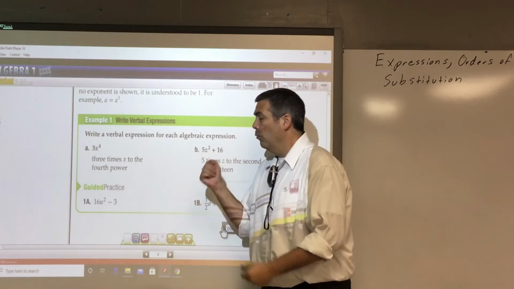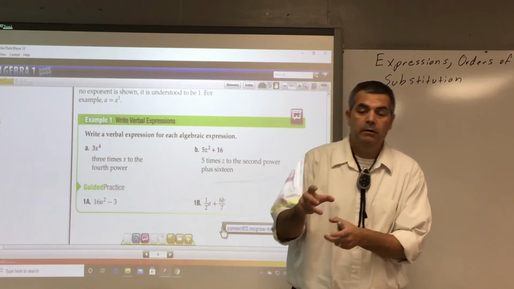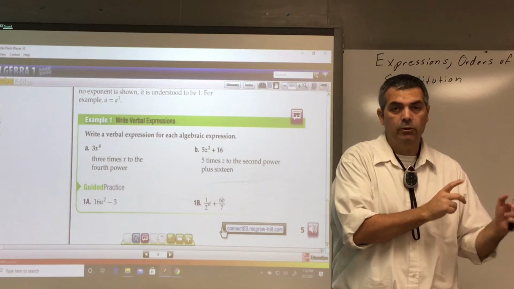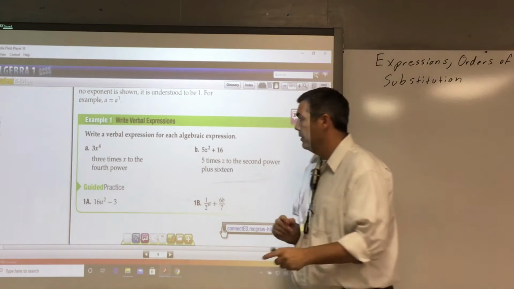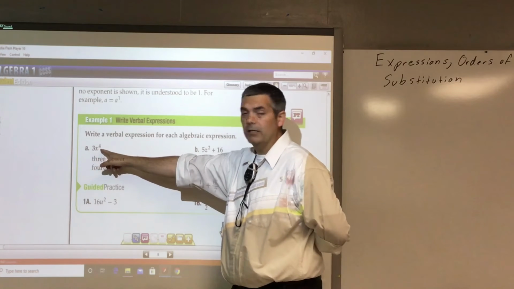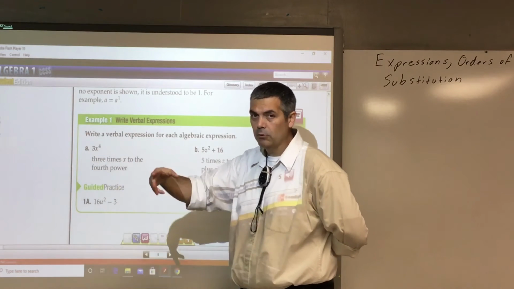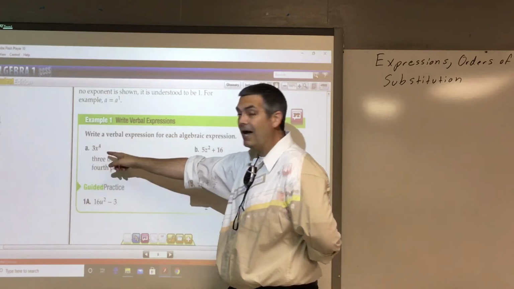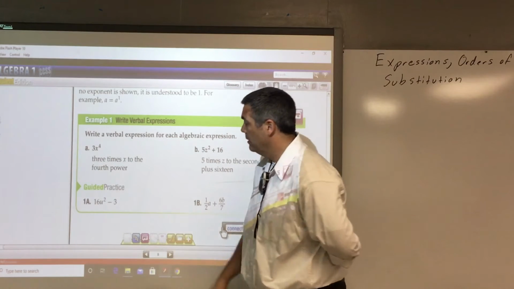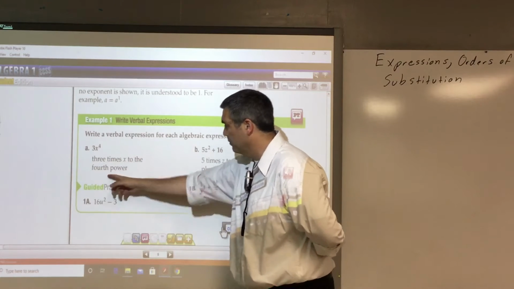Okay? When you take the algebraic expression to words, write it just like you read it. Okay? So here, 3x to the 4th. When you have a number directly up against a variable, that's multiplication. So 3 times x to the 4th power. And look, they say 3 times x to the 4th power.